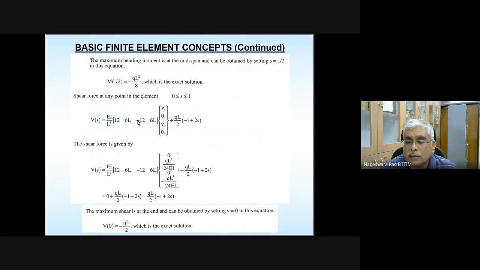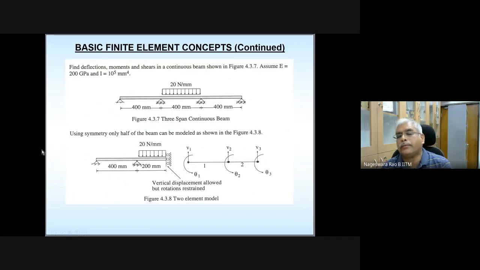No questions? So then what we'll do is we'll take same continuous 3-span continuous beam, which we have solved earlier with a concentrated load at the middle of mid span. Now in the middle of the mid span, let's have a uniformly distributed load.